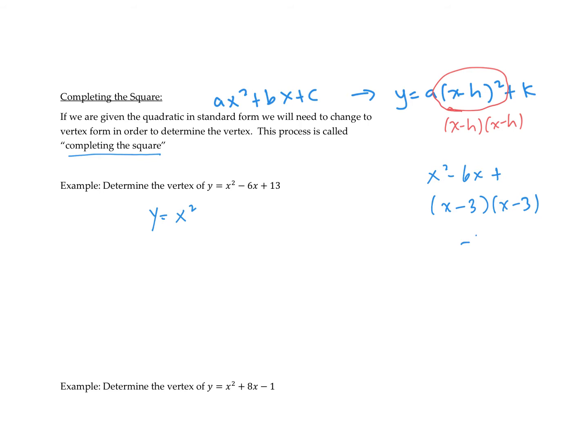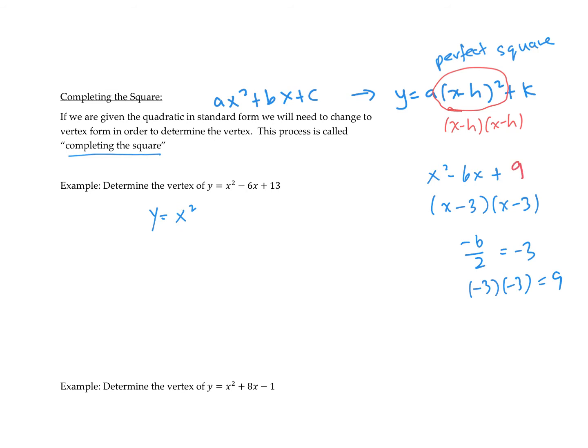Basically I'm taking the negative 6 and dividing it by 2, because (x minus h) squared is what we call a perfect square, meaning both factors are the same. So all I have to do is take the middle and divide by 2, and I get the value for 3. But keep in mind that negative 3 times negative 3 equals positive 9.